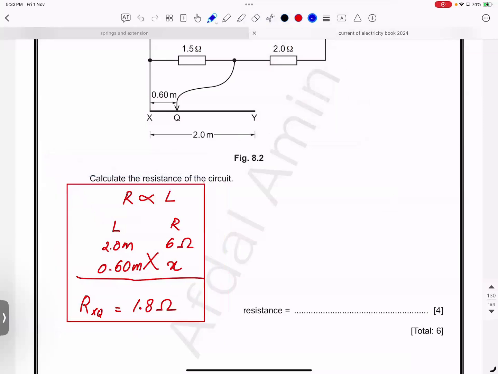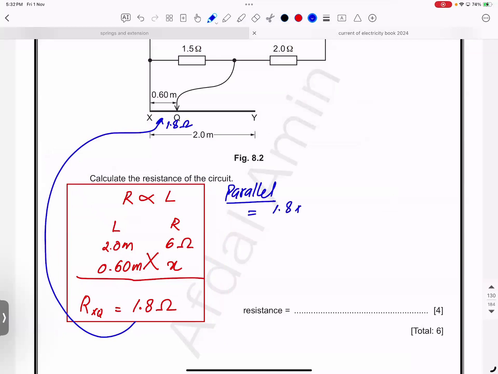Step 1 was to find the resistance of the wire. Step 2 is parallel. Now, this 1.8 is actually here. So 1.8 is parallel to 1.5. First parallel, then series.